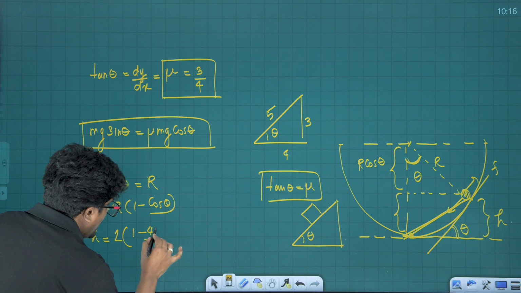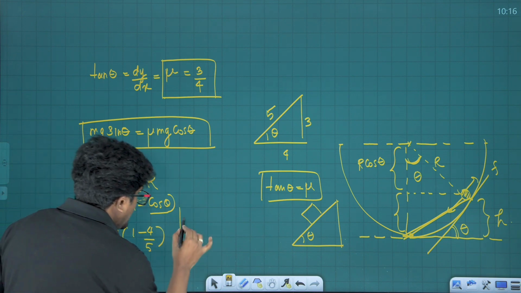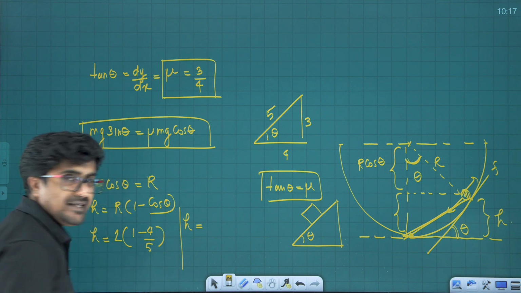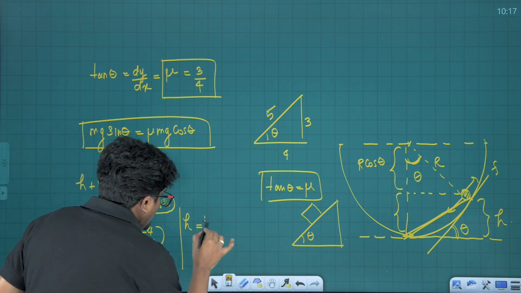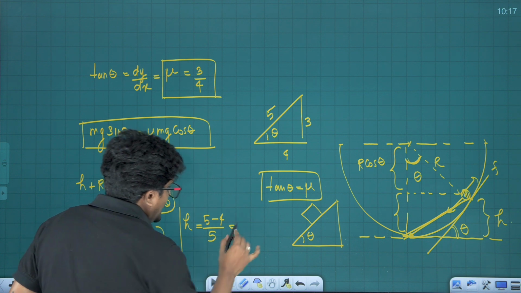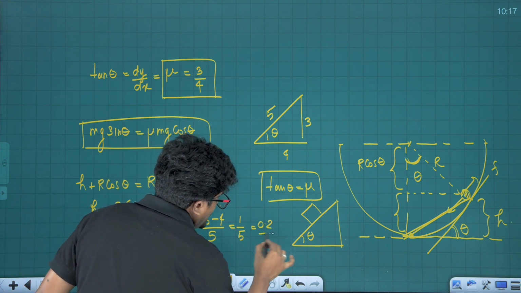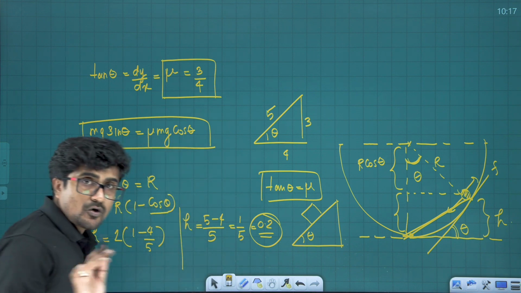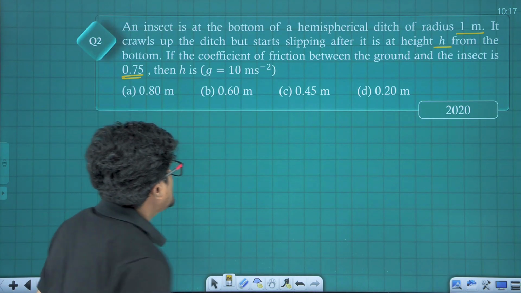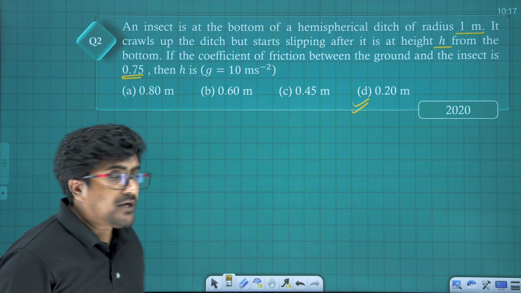So here I can say that small letter h is going to be 1 minus 4 by 5, that is 1 by 5, that is 0.2. Checking the options, it needs to be option D. I believe that was okay.